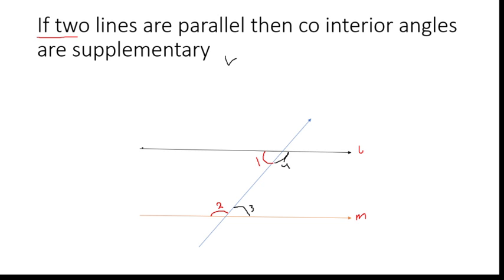So we need to prove angle 1 plus angle 2 is equal to 180 degrees. This is our to-prove situation. When two angles add up to 180, these two angles are called supplementary angles.